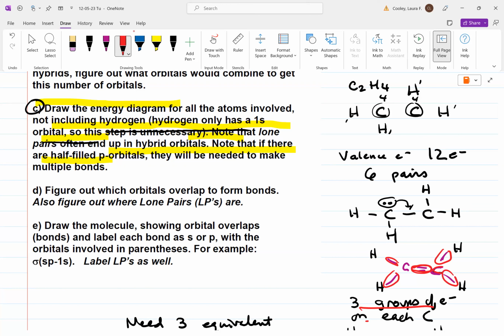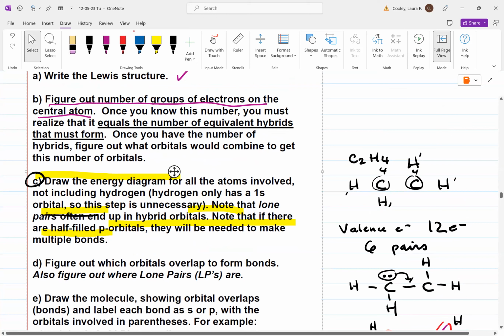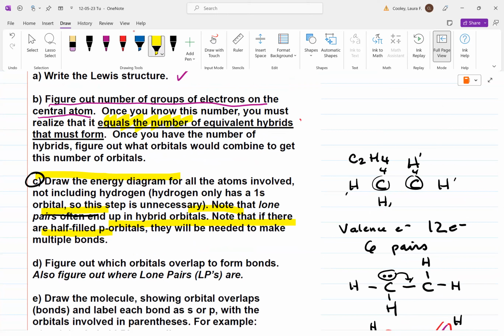So it's 3 groups of electrons on each carbon. That is equal to the number of equivalent hybrids. So once you know this number, it equals the number of equivalent hybrids. That's pretty much always true. So it's an important thing to know.